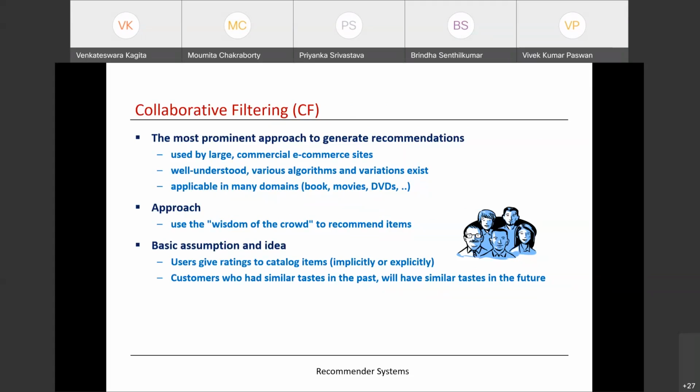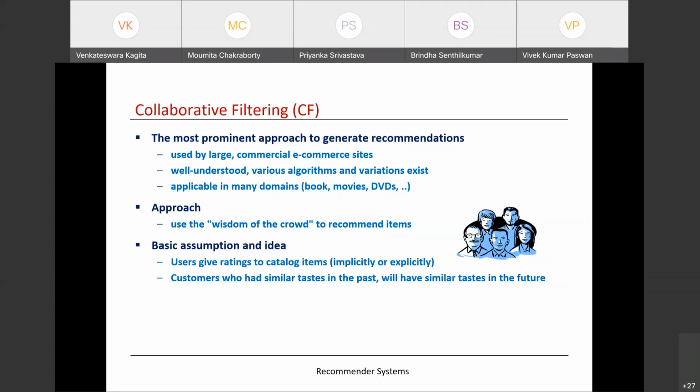Right? So the idea is to use the wisdom of the crowd to make the recommendation. Wisdom of the crowd means the users who are similar to you, you use their preferences, their choices to make the recommendation to this user, right? So the basic assumption here is that users give ratings to a catalog of items, either implicitly or explicitly.